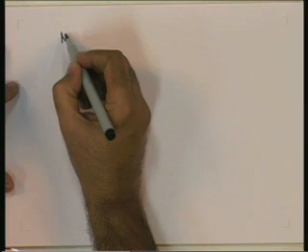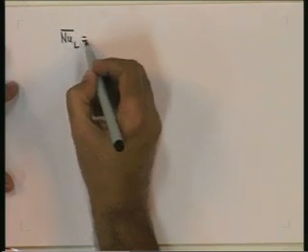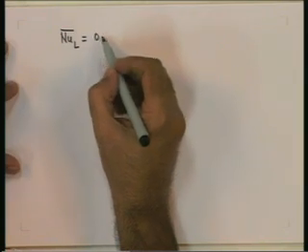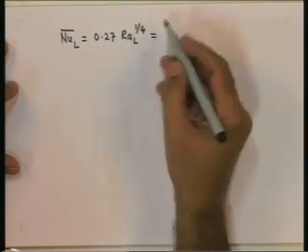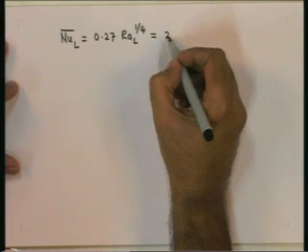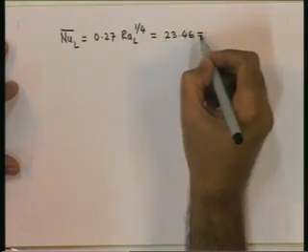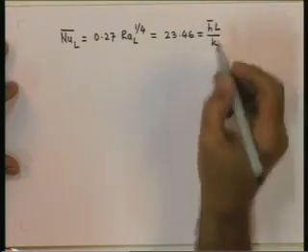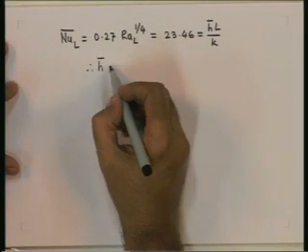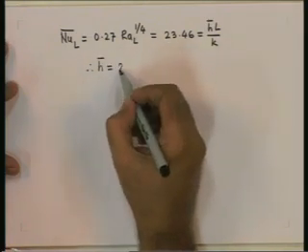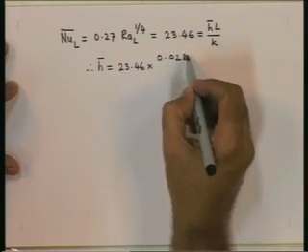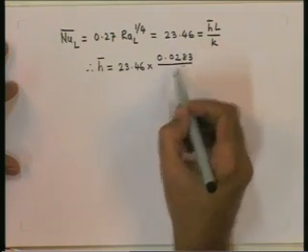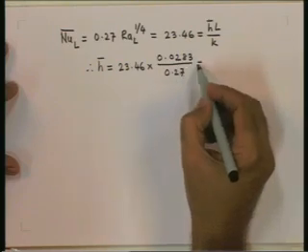Now, using this Rayleigh number, we get by the correlation for the average Nusselt number, which is 0.27 Rayleigh number based on L raised to 1 by 4, is 23.46, which is H bar L by K. Hence, H bar turns out to be 23.46 multiplied by K, 0.0283, divided by L, which is 0.27.